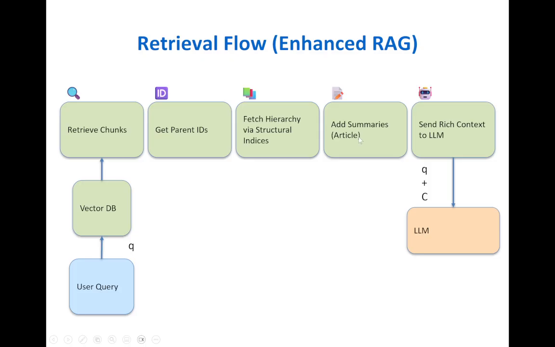So not only do you get the relevant chunks for that query, but you get a summary of the documents that these chunks are part of, for example. All this is domain dependent. Then you construct this rich context, and this rich context is what you send to the LLM. This is how you scale your RAG solutions.